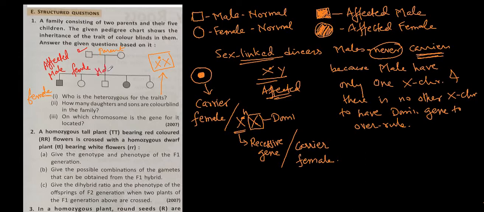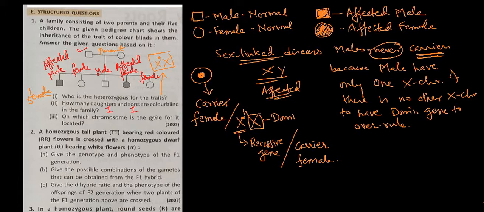This one is male. This one is female. It is bold, that means she is affected. And this is a female, unaffected. So your question is, how many daughters and sons are colorblind in the family? One daughter and one son.